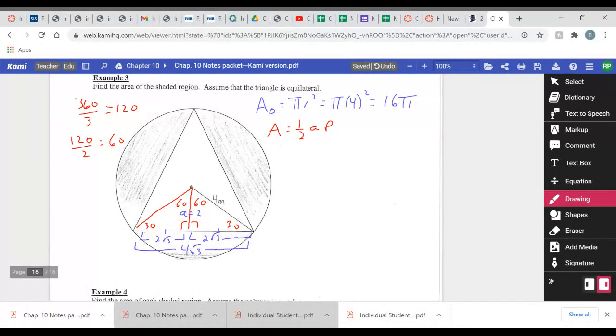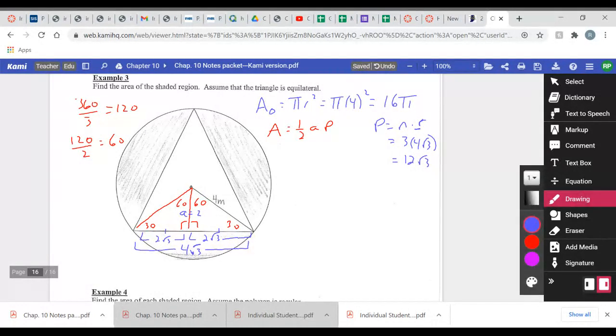Okay, so I've got the apothem. I can see that in the picture. I know one side length is 4 square root of 3. To find the perimeter, I can do n times s, and I know there are 3 sides, and each side is 4 square root of 3. If I multiply those, I get 12 square root of 3 for my perimeter.